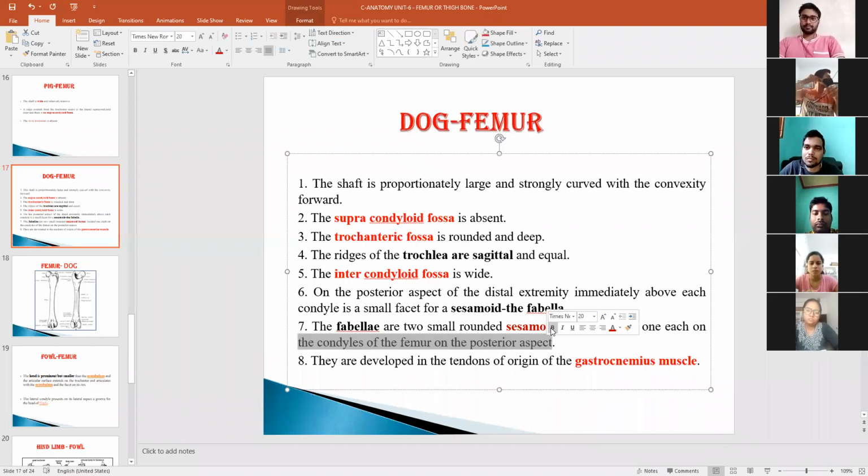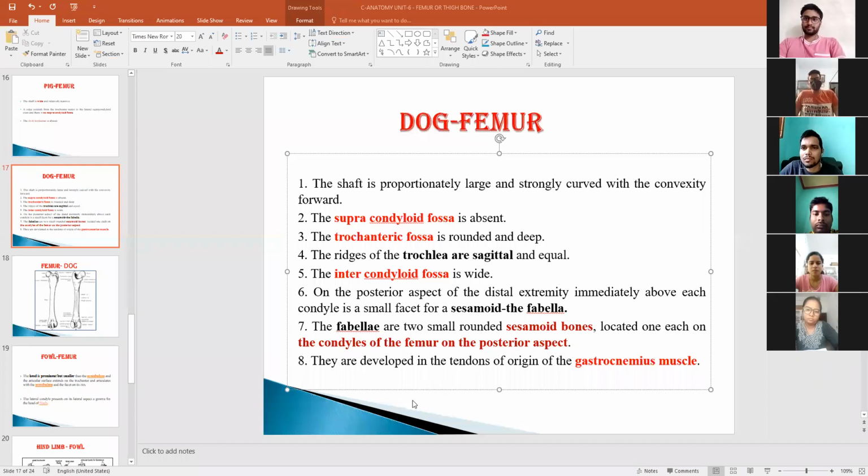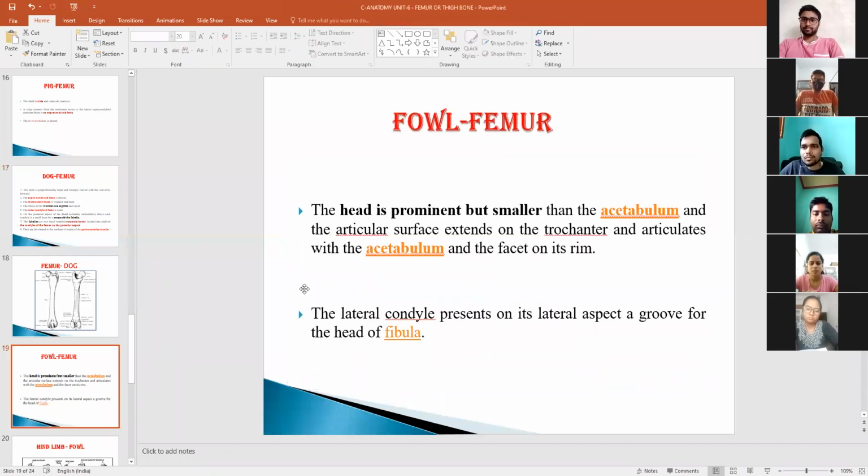That means above the condyle. This is an important question from the objective point of view as well as the descriptive point of view. These fabella bones are present only in case of the dog and located posteriorly just above the condyle, and they are developed in the tendons of origin of the gastrocnemius muscles, which means these fabella bones are for the gastrocnemius muscles.